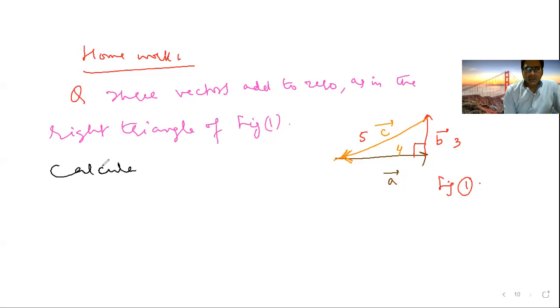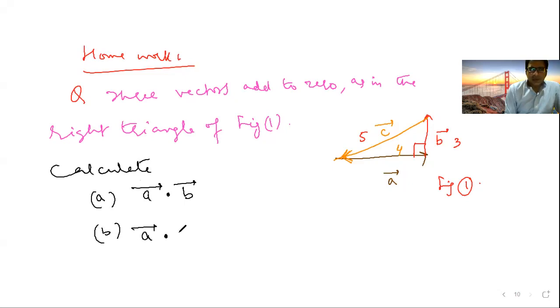Calculate part A, part B, part C. Part A says calculate A dot B. Part B is calculate A dot C. And part C is B dot C.